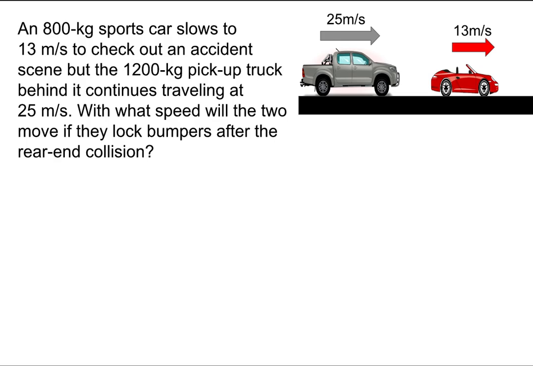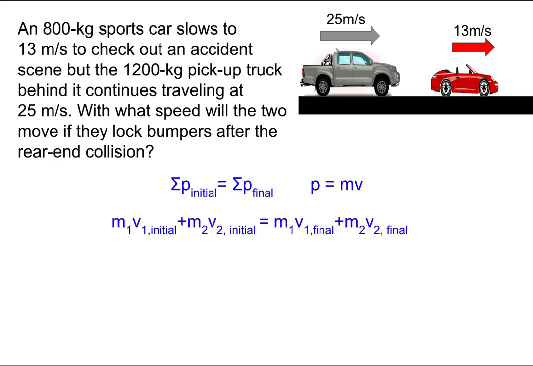Okay, so that means that if their bumpers lock together, they are moving together after the collision. This is something called a completely inelastic collision. It refers to something where the objects stick together and then afterwards move together.